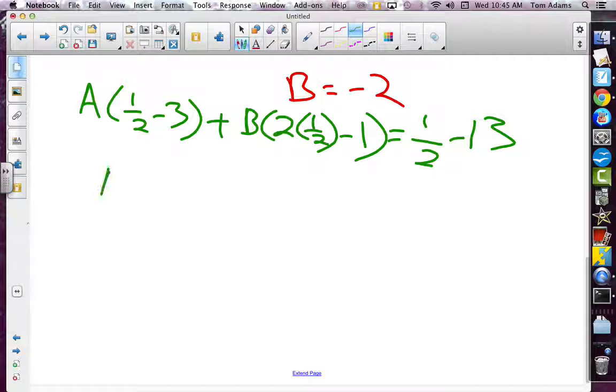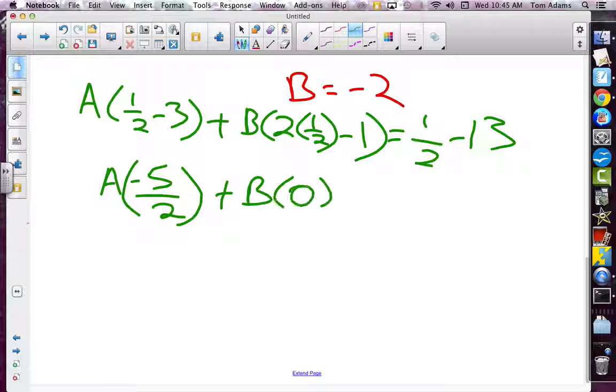This becomes a times negative 5 over 2 plus b times 0, right? Because 1/2 of 2 is 1, 1 minus 1 is 0. And this becomes, what is that, negative 25 over 2? It's 12.5, negative 12.5.